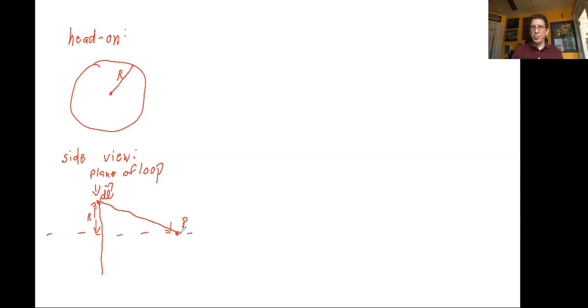Before we do that, though, let's look at this qualitatively. From the right-hand rule, you point your fingers in the direction of the current, and you curl them towards point P, which is towards the center of the circle, and then out up in the Z direction.